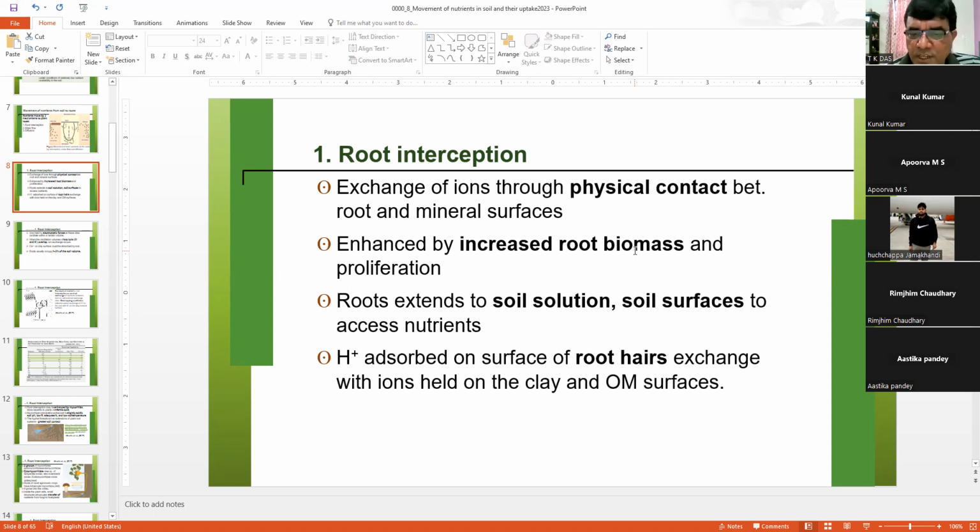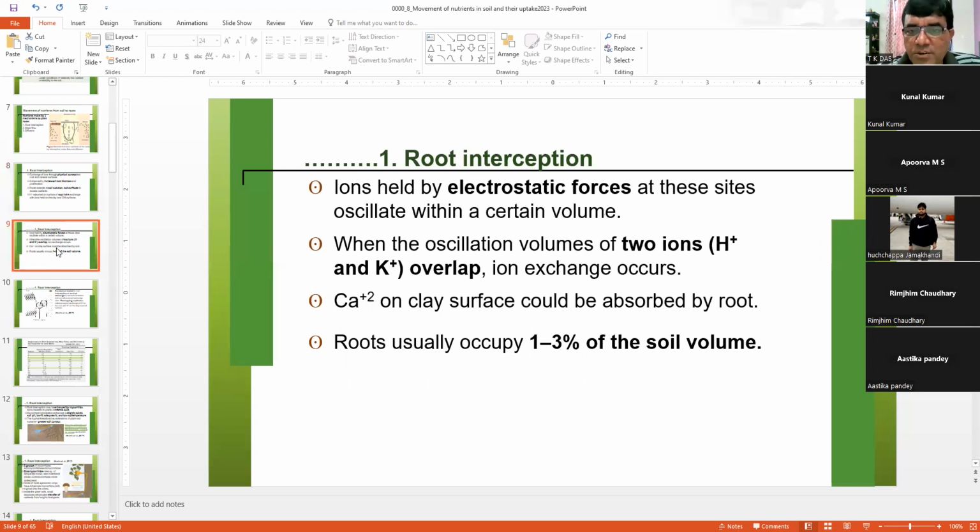Hydrogen ions adsorbed on the surface of root hairs exchange with ions held on the clay and organic matter surfaces. So sometimes these hydrogen ions come out of the cells and are attached to the surface of the root, and then they can be exchanged with ions held on the clay and organic matter surfaces. This is by root interception. Ions held by electrostatic forces at these sites oscillate within a certain volume.